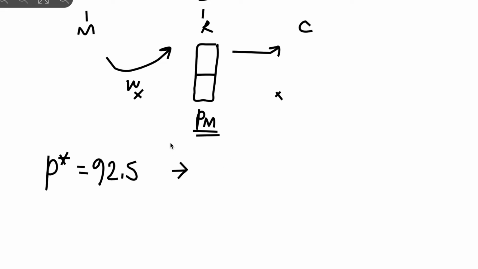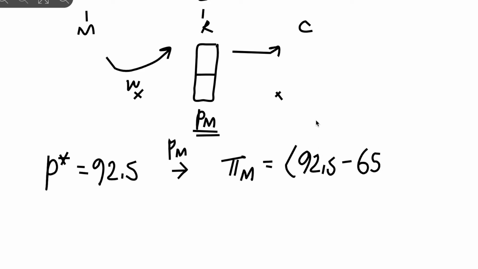So if the monopoly price is agreed, then the profit for the monopoly will be the price of 92.5 negative the cost of $65, P negative W, times our quantity of 110 over 12.